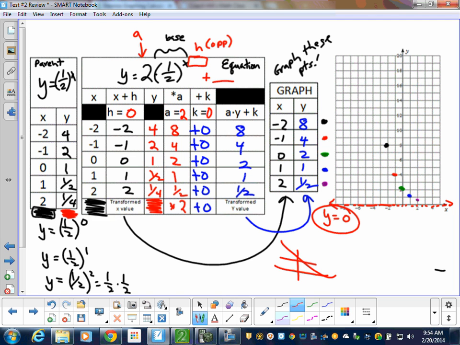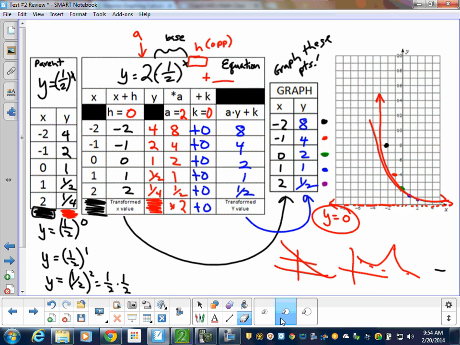If you got these 5 points right here, and they go down here, and 1 point's up here, and then it's back down, and you draw that picture, you know that's not what it is. You erase it and fix it. Guys, that's what makes you do these right, and that's what makes you do these wrong, is that you understand that this exponential decay is going to follow a path.